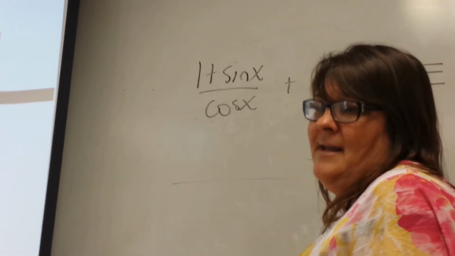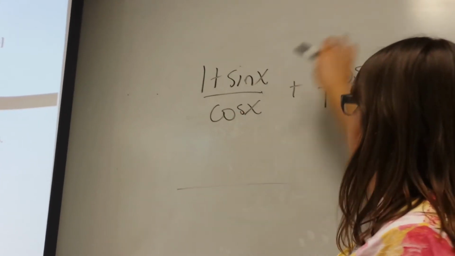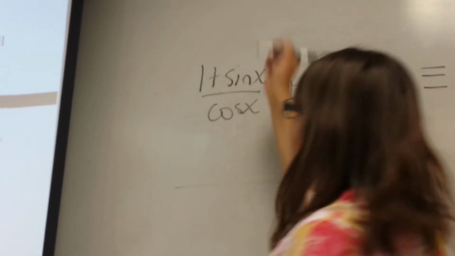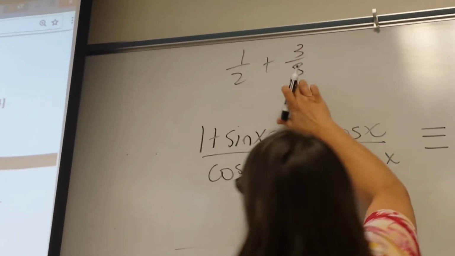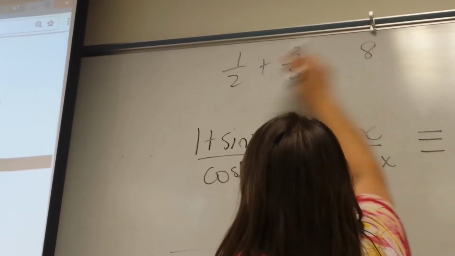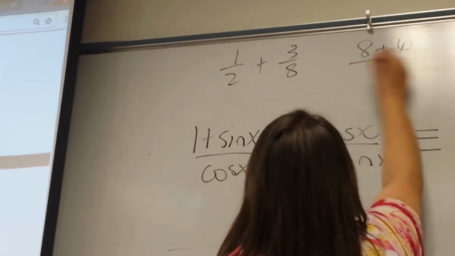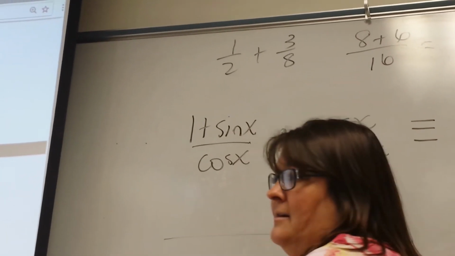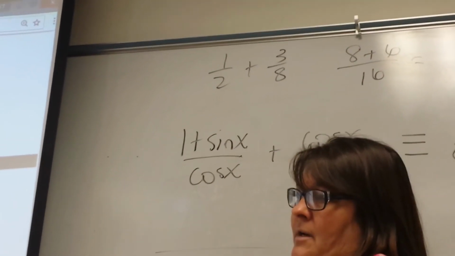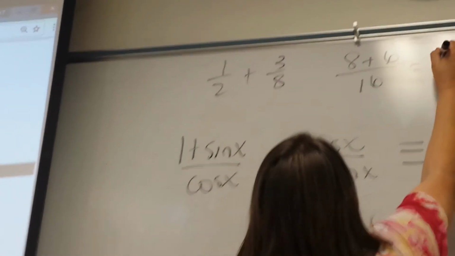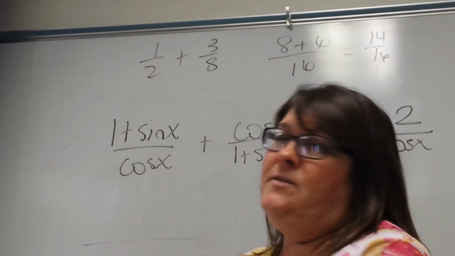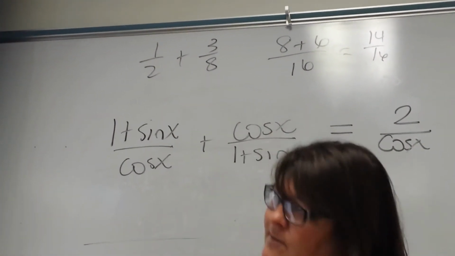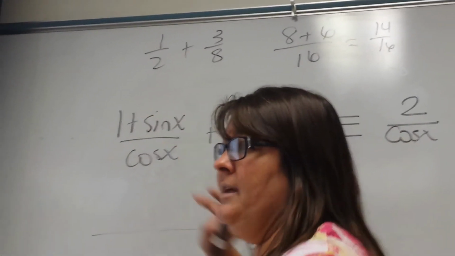This times this plus this times this, over the denominators multiplied together. You could do that with fractions. 1/2 plus 3/8: I do 8 times 1, 8, 2 times 3, 6, over 16. That's how I add without getting common denominators. And so then I have 14 out of 16, reduce it to lowest terms, life is good. It's just an old lady trick that I've been using forever. It does work every time, so why not use it for this?